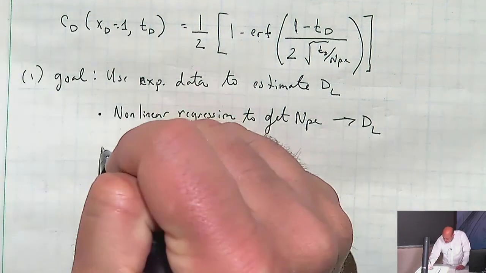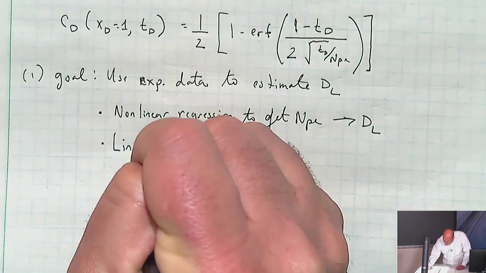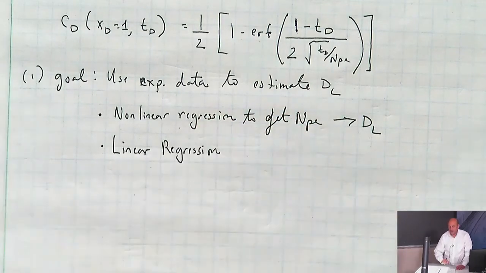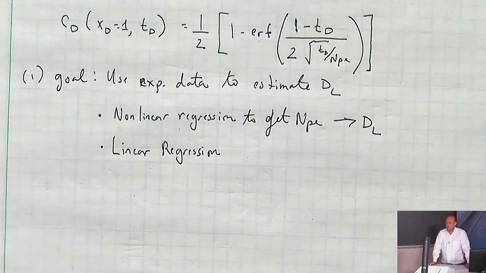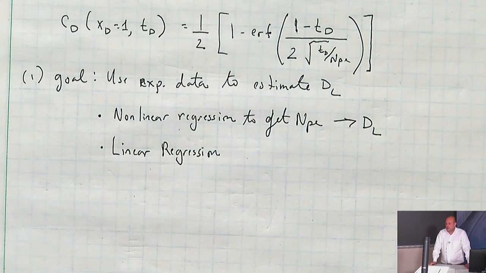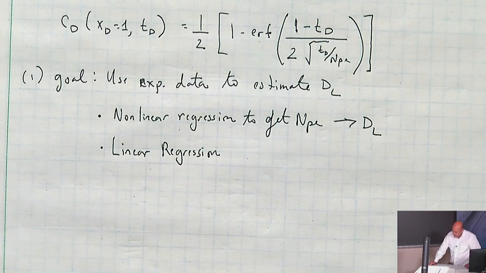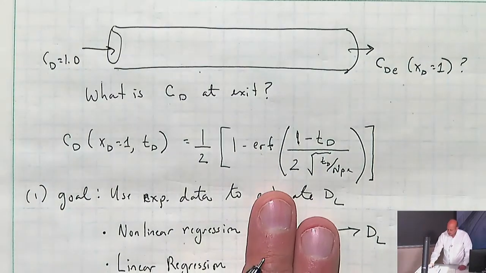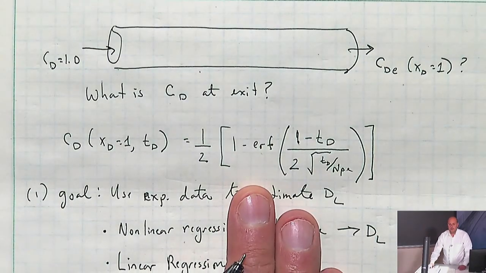An easier way to do this is linear regression. As engineers, we always love making straight lines if we can. Straight lines are so much better than non-straight lines. And if we do straight lines, then you can do slopes and intercepts and things like that. So we're going to do a little bit of a mathematical trick here. We're going to take this equation here, and I'm going to rearrange it.